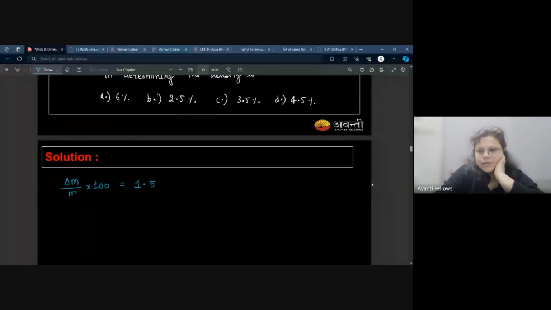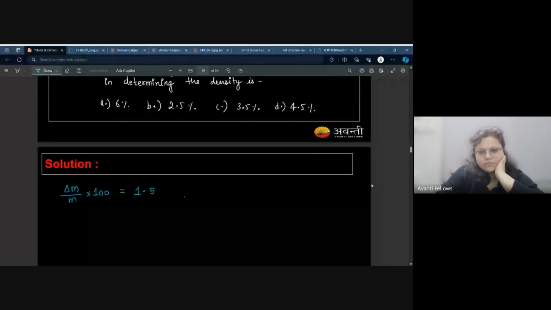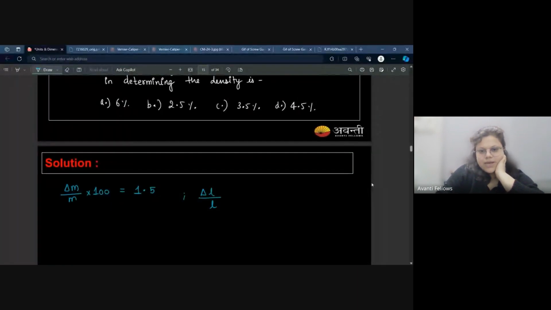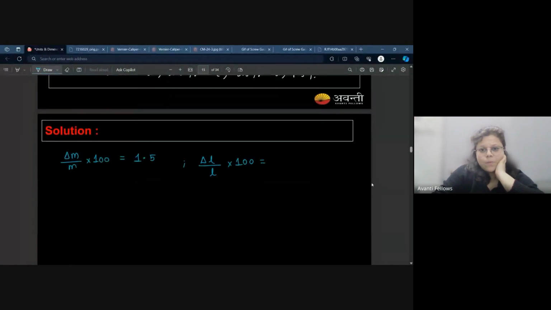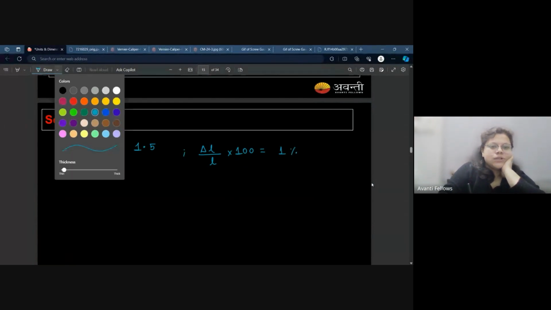And the other detail which I have is delta L by L into 100 is equal to 1%. This is what I have.